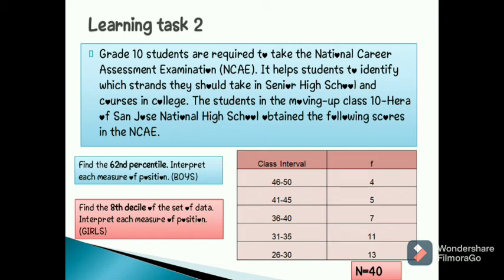For girls, find the 8th decile. Since it is grouped data, we have to complete our frequency table first. We have here n equal to 40, because the students who took the NCAE are all 40 students.